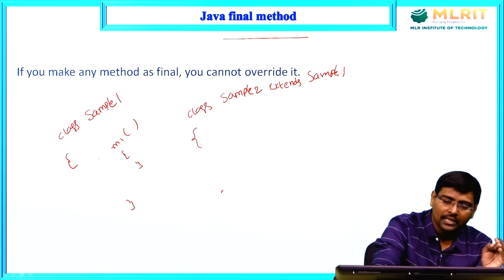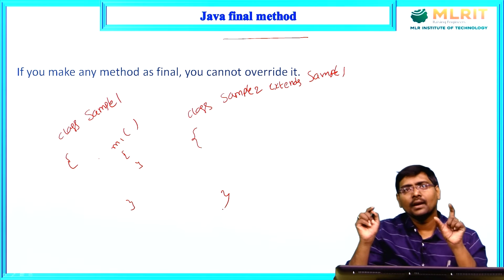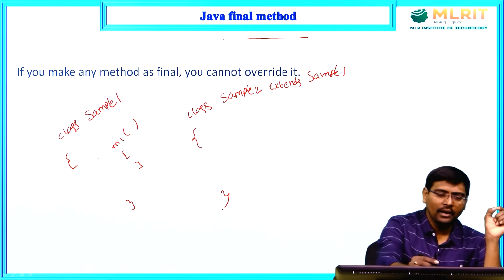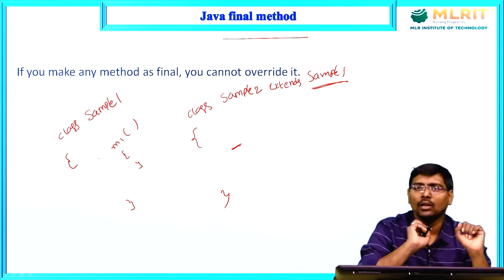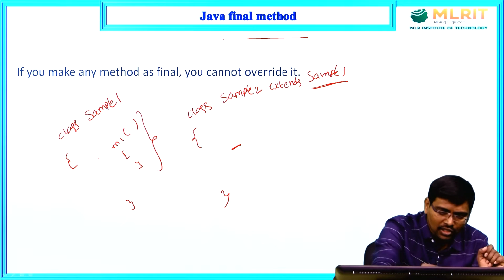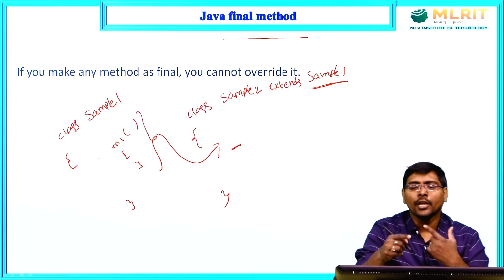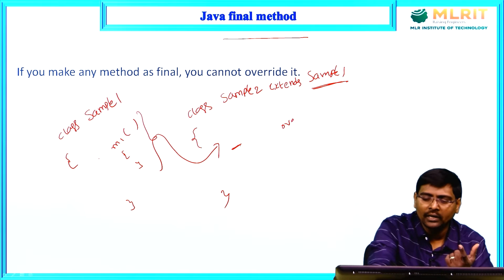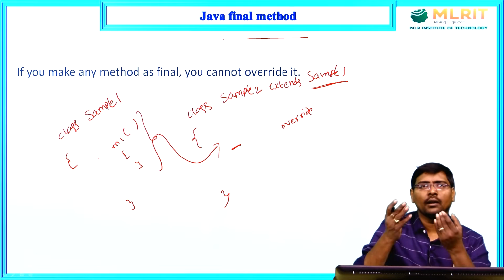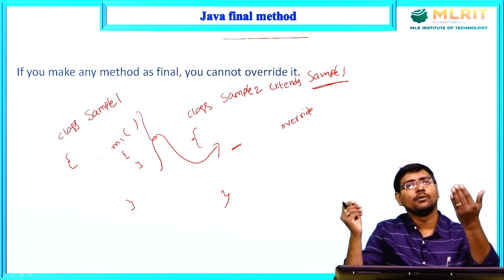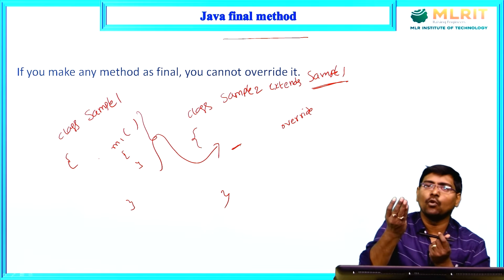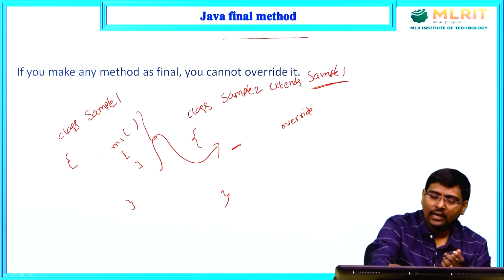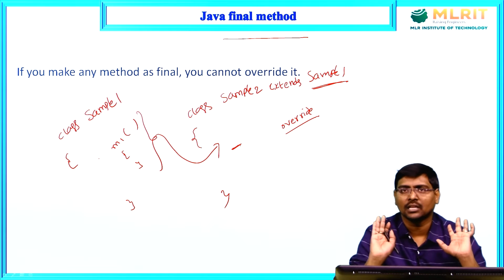Because of the extends keyword, the parent class members are available here, so logically the m1 method is also available. If you are not required to change it, you can simply use it. If you want, you can override the method. You already know the concept of overriding and overloading. This is the general scenario.